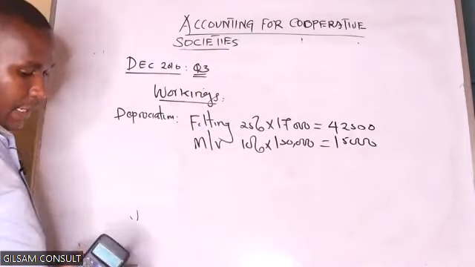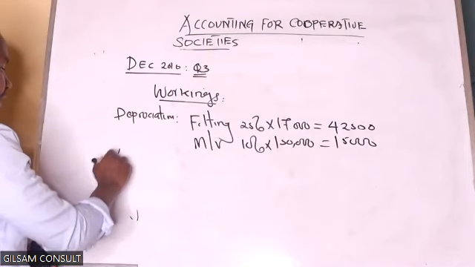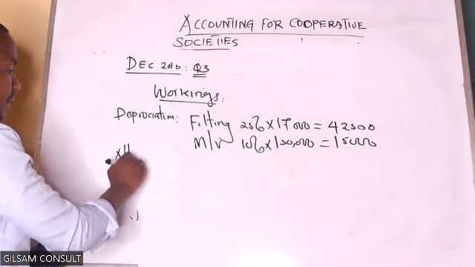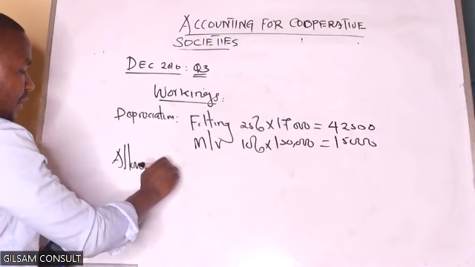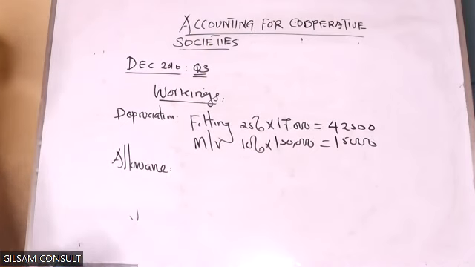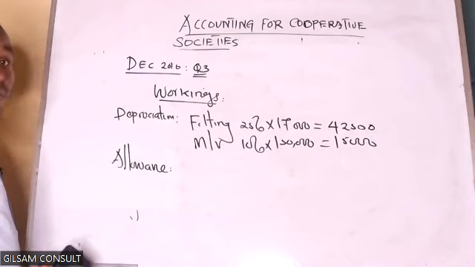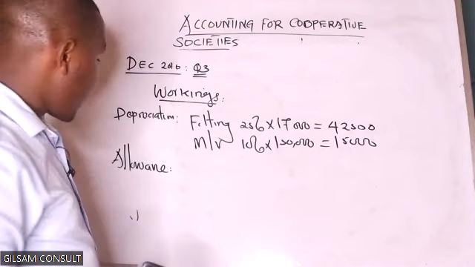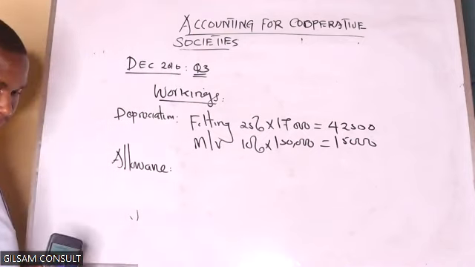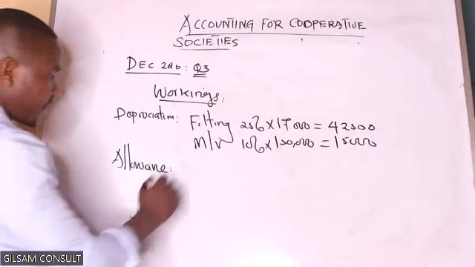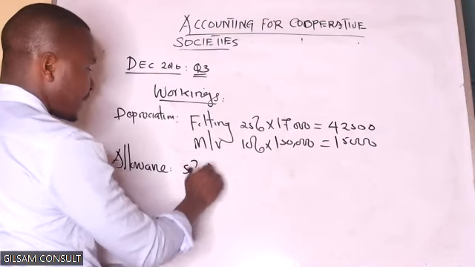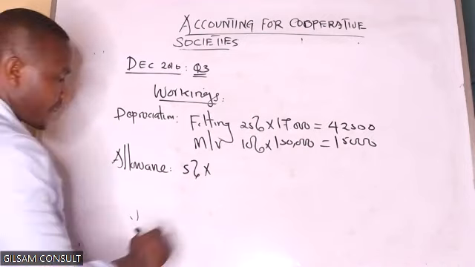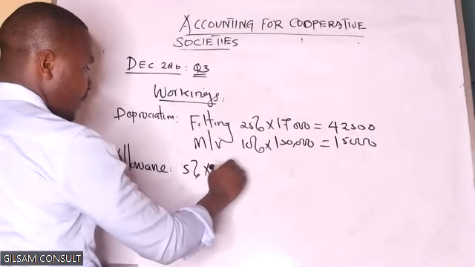Allowance for doubtful debt: we check whether it is an increase or a decrease. An increase is an expense, and a decrease of allowance for doubtful debt is an income. The provision is 5% of the receivable. Our receivable is 14,000.